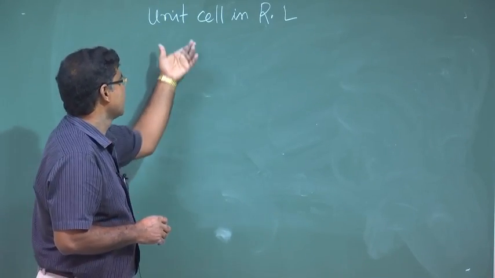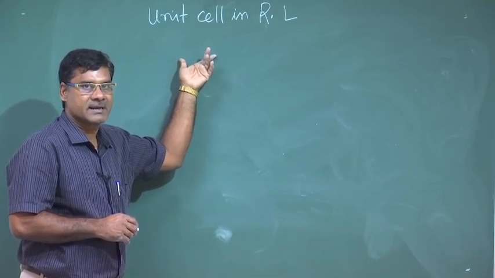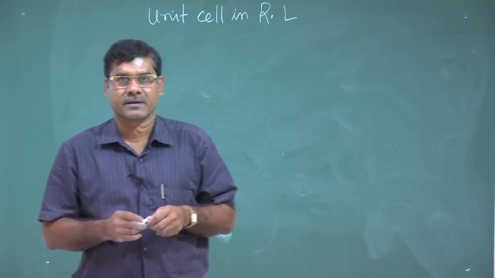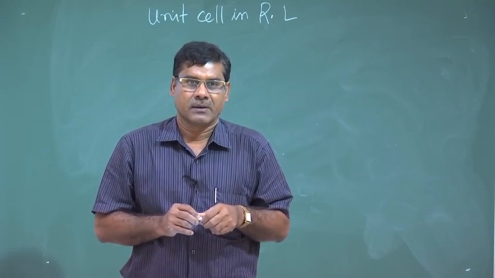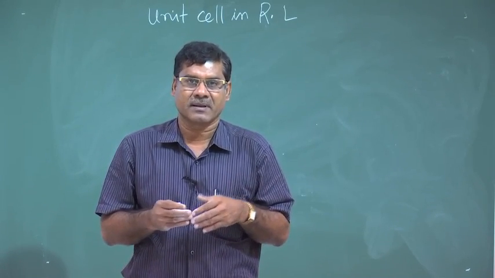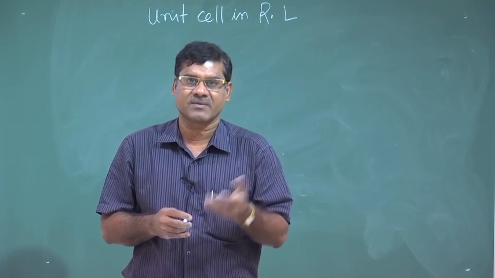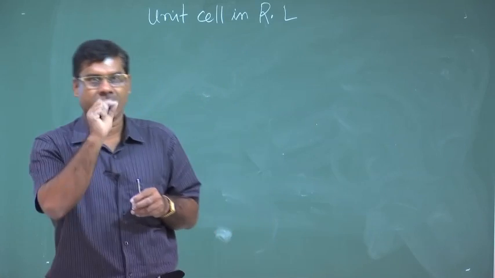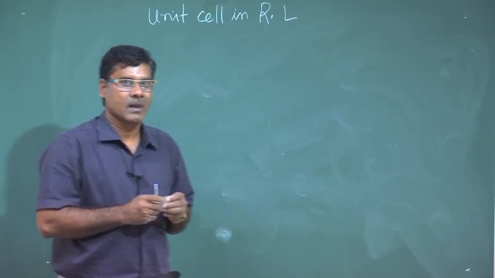So here in direct lattice, we use the coordinates x, y, z, right. The space, whatever we define, or a point in space, is located using coordinates x, y, z.